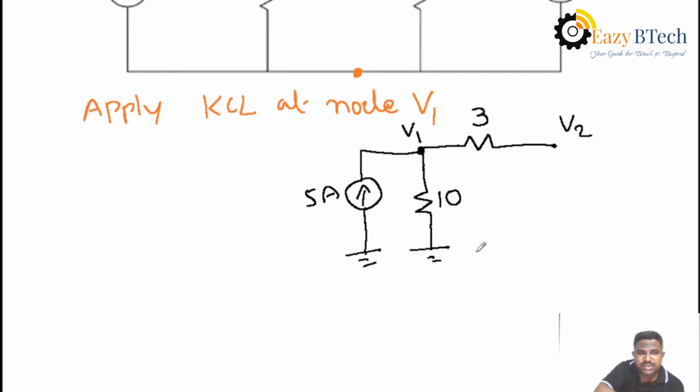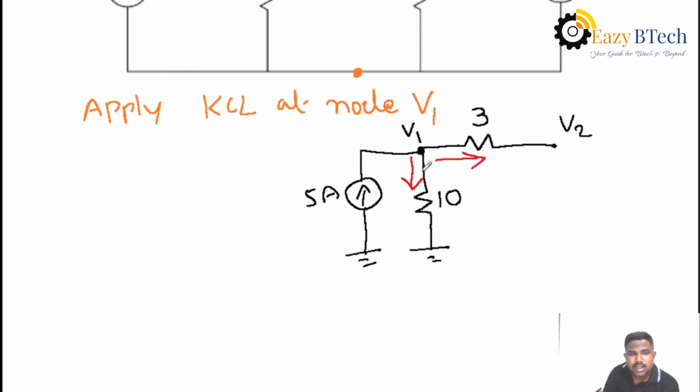Here you must analyze the current directions. Always consider the current directions away from the node passing through the element. The 5 ampere source will be entering, and the current passing through 10 and the current passing through 3 ohms are leaving from the corresponding node. Then apply KCL.